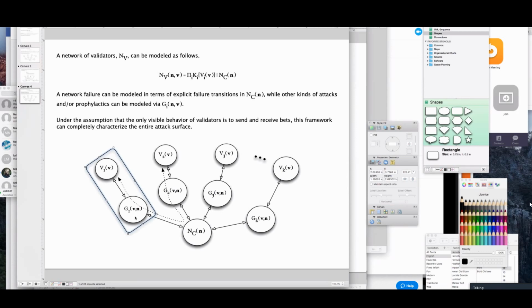If we put the decisions of when to publish bets in VI, then the choice to equivocate will be done in VI. If the decision of when to produce bets is given by GI, then GI can do that, but GI needs to manage the view of VI. So it will have a store of all the bets it's received and all the bets that VI has given it, right?